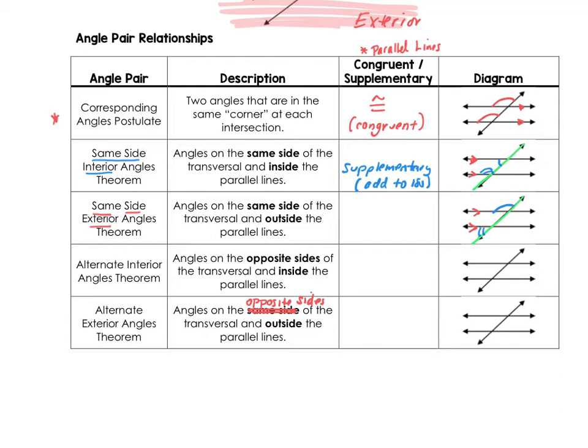They're both exterior angles, so they're on the outside of our two parallel lines, and they're on the same side of the transversal. So if you kind of put your hand down along that line, they have to be on one side of that transversal. Okay, so if you have same side exterior angles, they are supplementary.